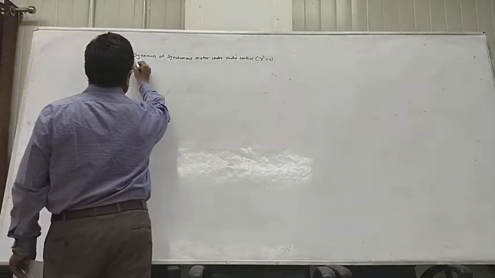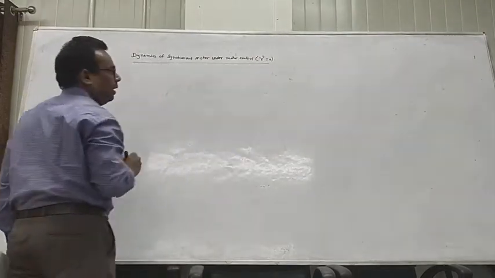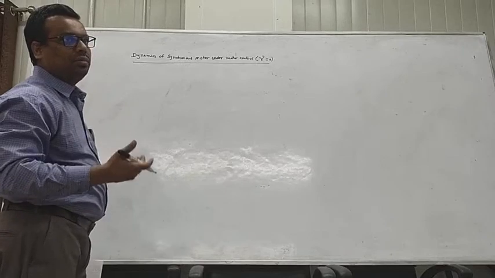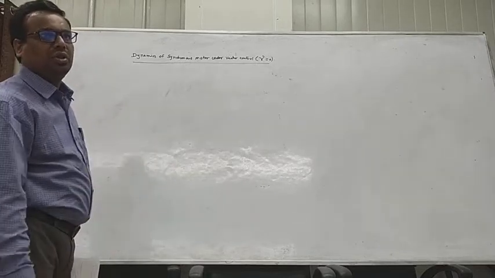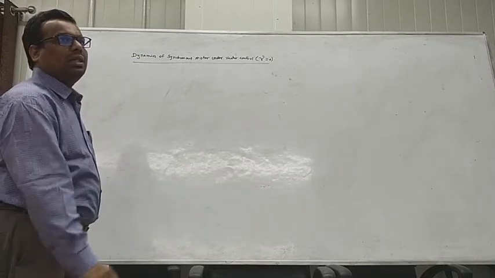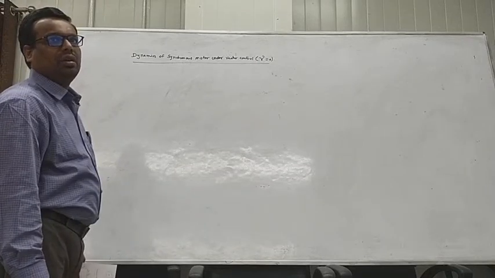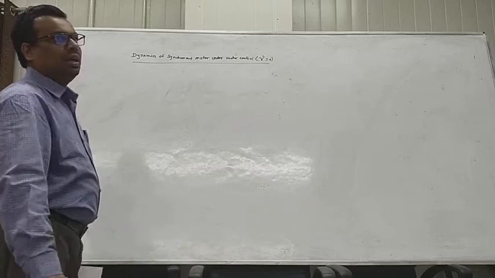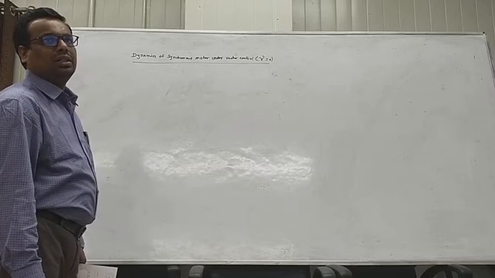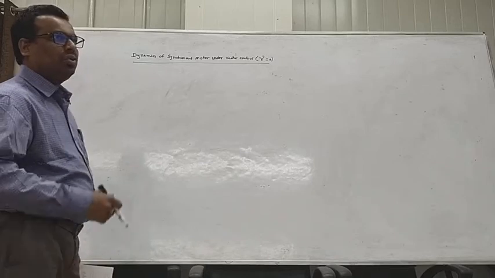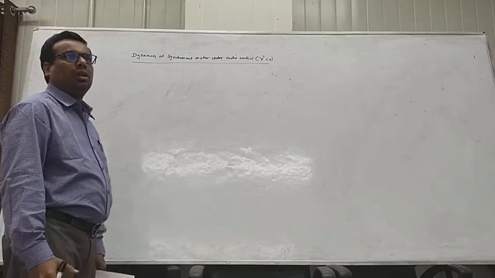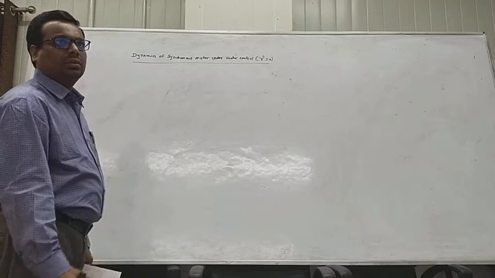In the earlier steady state analysis, the differential operator d by dt, that is p, was equal to 0. But now you have to consider the differential operator also, because now we are doing the dynamic response. So before going to this topic, first you need to represent the synchronous motor in an equivalent circuit.